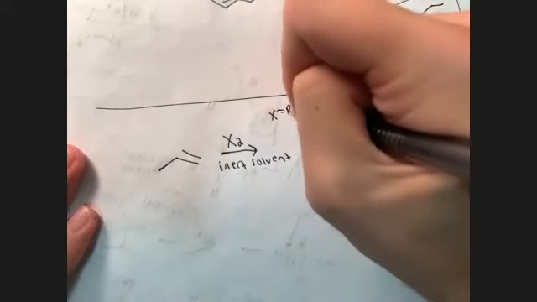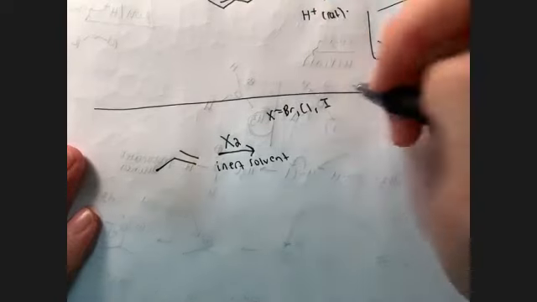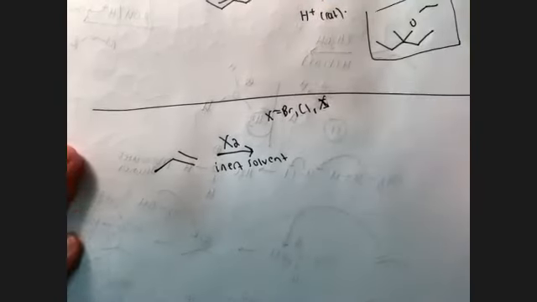Okay, so X2 just stands for any halogen, where X could be bromine, chlorine, iodine. Actually, I think iodine might be too heavy, but for all intents and purposes, you really only see bromine and chlorine. So we're dealing now not with HBr or HCl, that's a hydrogen halide. Here we're just dealing with diatomic gas. So we're dealing with Br2 or Cl2. So it's a very different reagent.